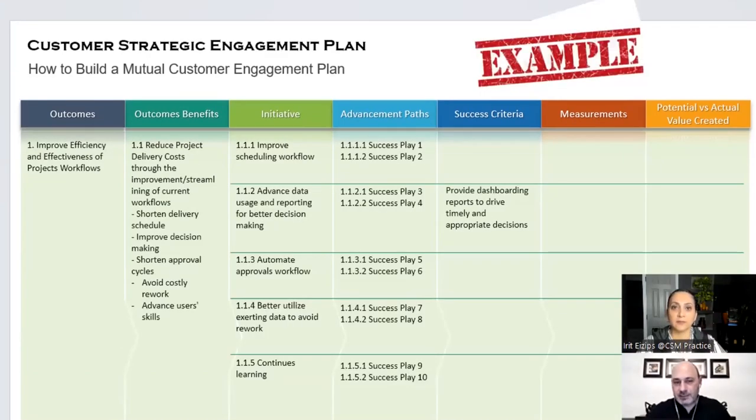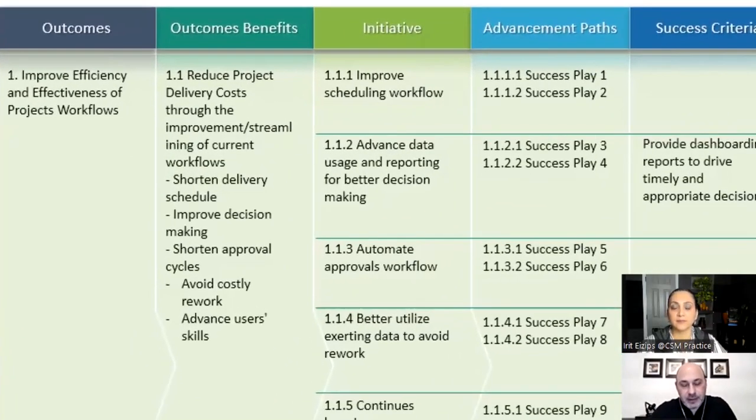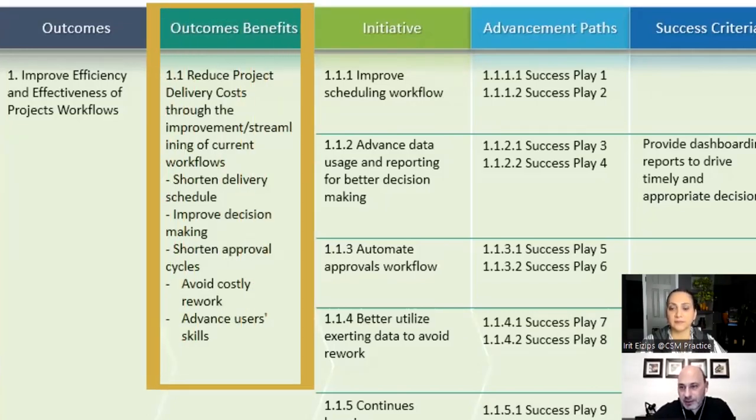So this is a simple example just to make it a little bit clear on how we develop this methodology or this plan. So for example, the customer is looking to improve efficiency and effectiveness of project workflow. Okay, so what are the outcomes benefit? We need to reduce the project delivery cost.